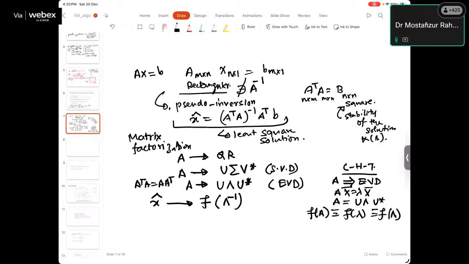So that means doing the inversion of a matrix is directly proportional to lambda inverse, right?